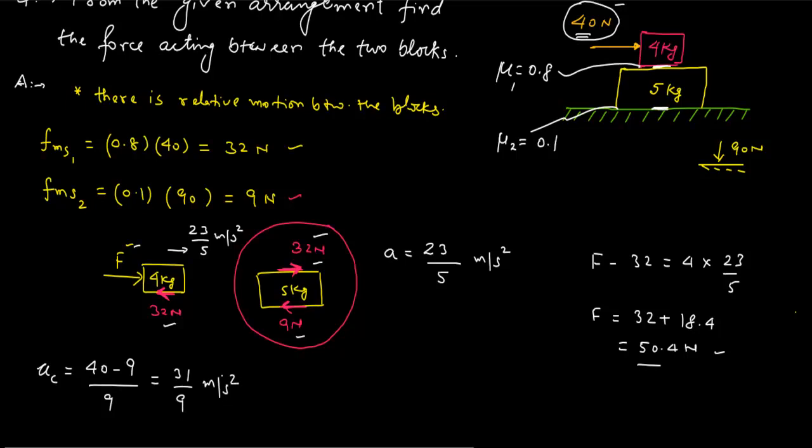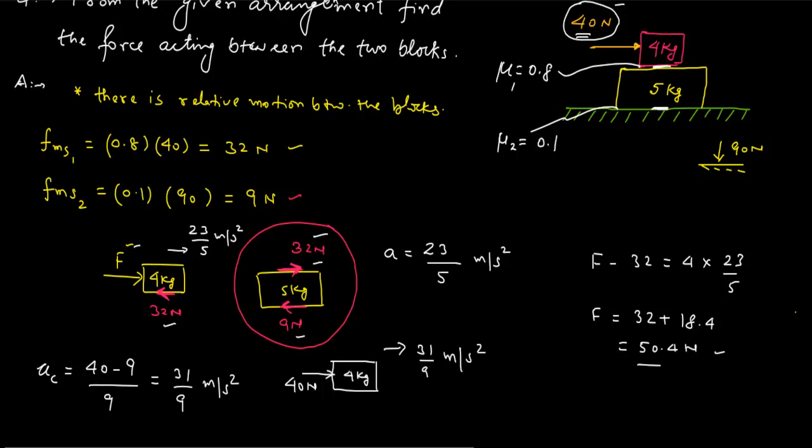Now what we have to calculate? We have to calculate the force between these two blocks, and if I use the concept of FBD, I can calculate it easily. The force acting on this block of mass 4 kilogram is 40 Newton, and the acceleration of this block, which is the same as that of the 5 kilogram block, is 31/9 meter per second square.